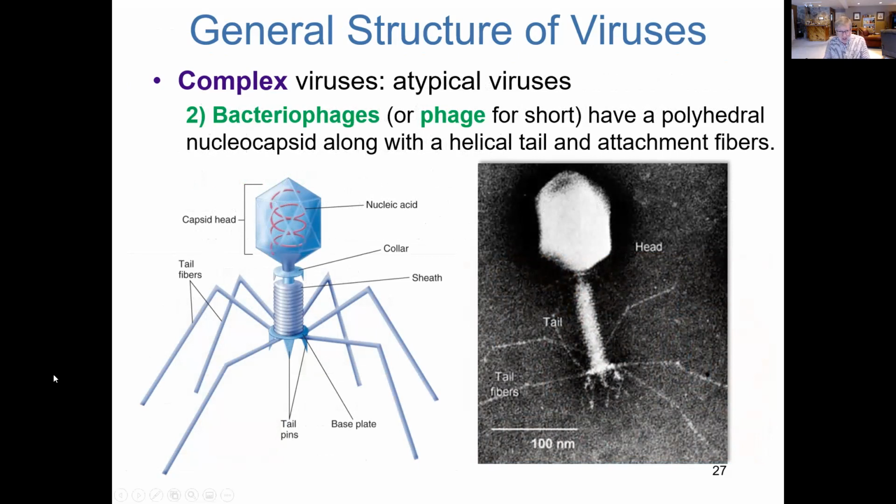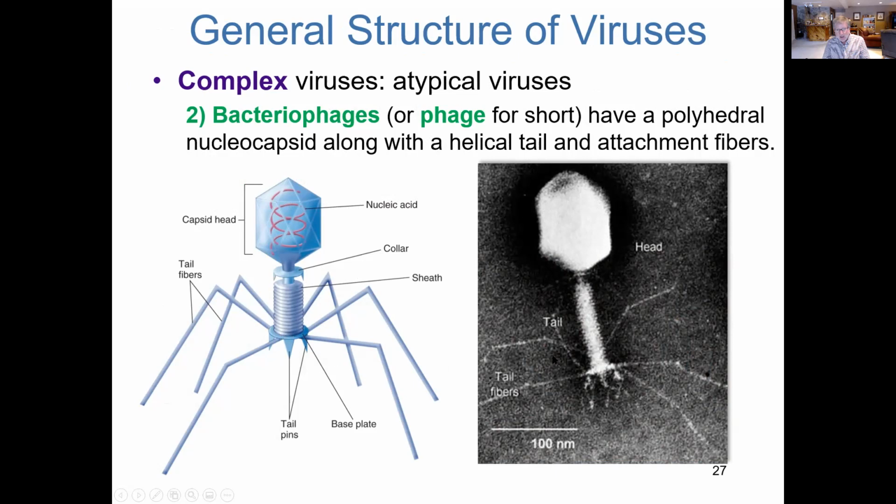So bacteriophages, or phage, has an interesting polyhedral nucleocapsid, which you can see here. And then it has a collar and a sheath and these bizarre looking tail fibers that stick out. It's almost very sci-fi, isn't it? And you can see it in the middle here, this base plate with these pointy tail pins.